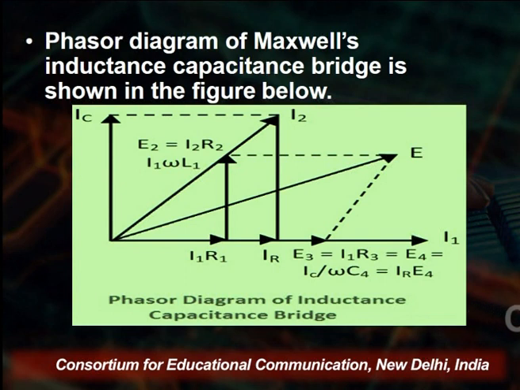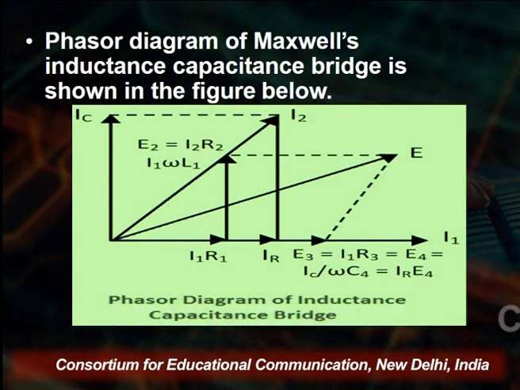Now the phasor diagram of the Maxwell inductance capacitance bridge is shown here. You see that E2 is equal to I1 R2, and I1 omega L1.